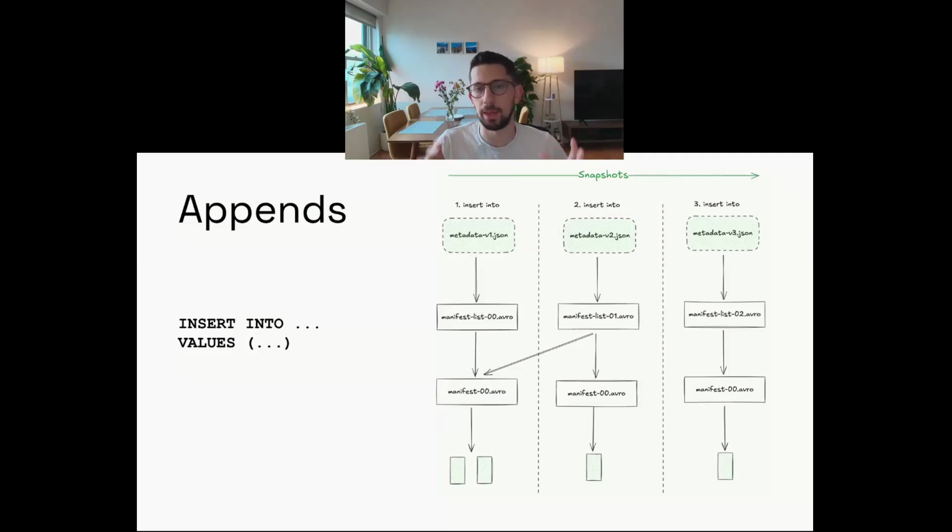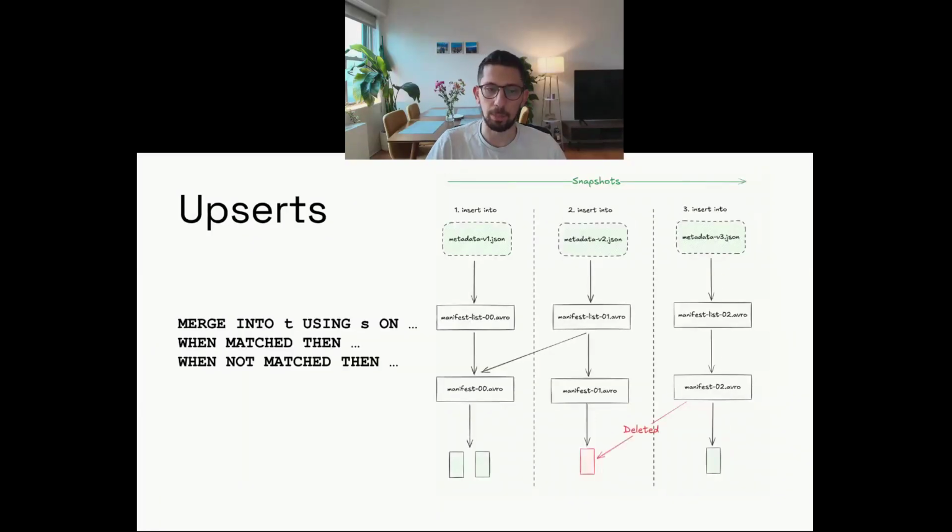So imagine something happening every minute or every 5 minutes. Each one of those snapshots creates all of this list of metadata files that you see here. So a new metadata JSON file and a new manifest list file, new manifest entries, which point to the new data files that are being created. So each of those inserts actually creates a whole set of those files.